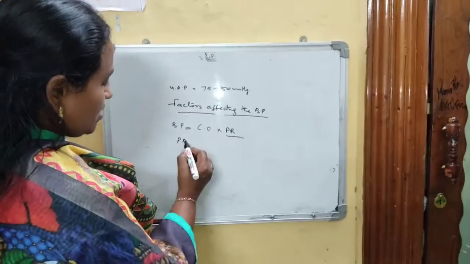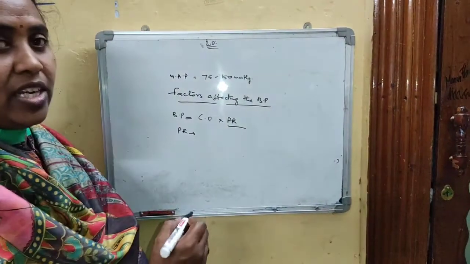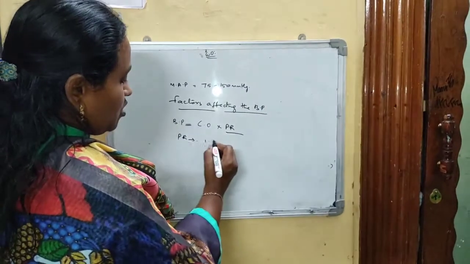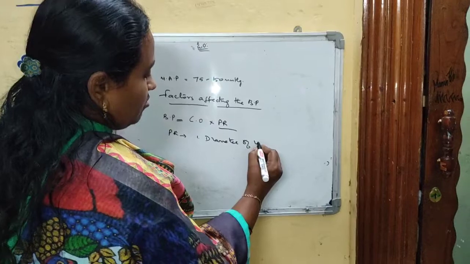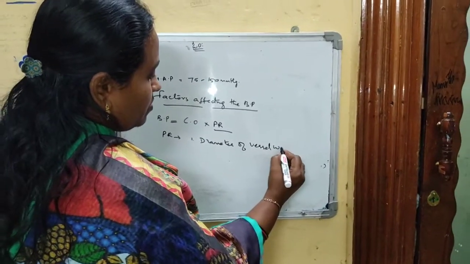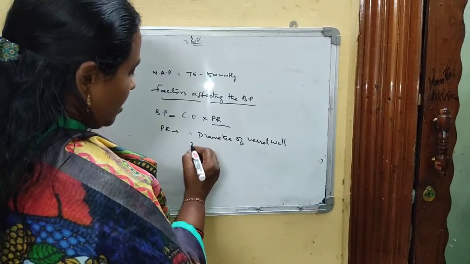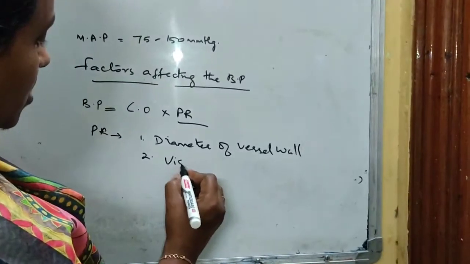The peripheral resistance mainly depends on two factors. One is the diameter of the vessel wall, and the second one is the viscosity.